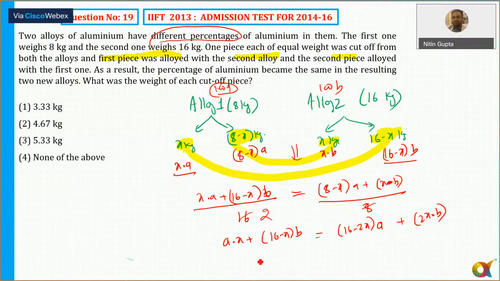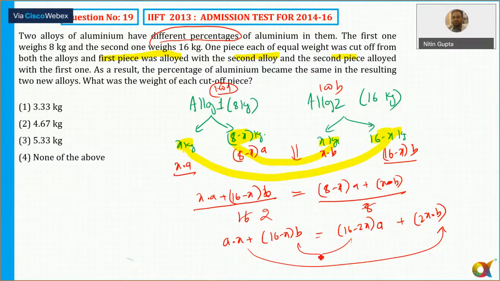Okay. तो ये हो जाएगा 16 minus x into b. Just a minute. This will be 2x. Okay.